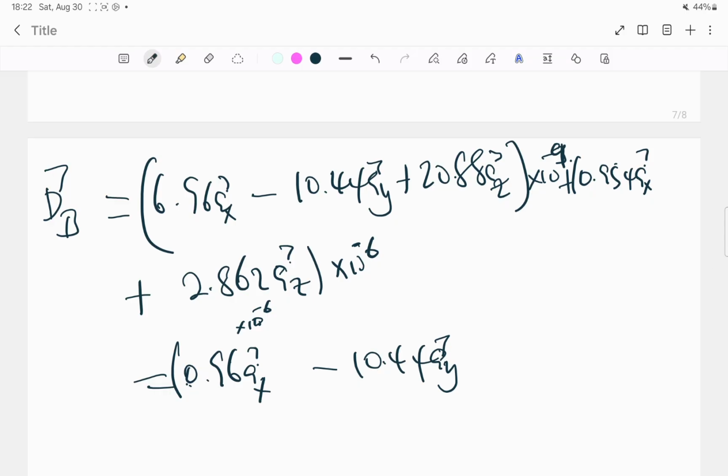20.88 times 10 to the power minus 9 plus, into bracket, 2.862 times 10 to the power minus 6.